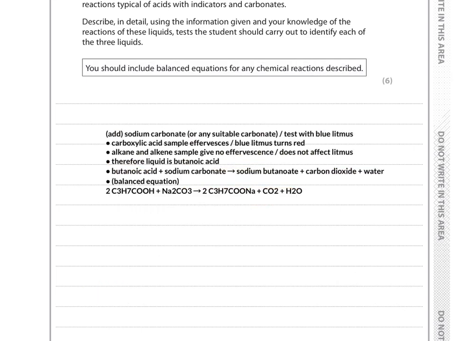So the second test that you can do is the test for the carboxylic acid. Now, carboxylic acids are weak acids, and they do act like acids, so they would turn blue litmus red, or they would turn universal indicator red, and you got 1 mark for saying that.